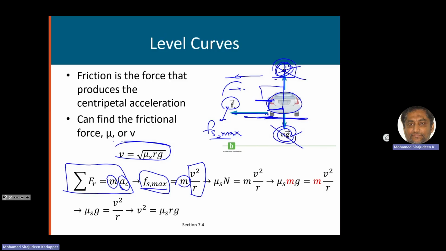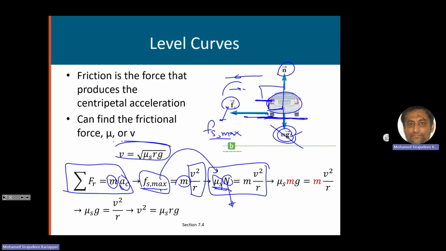And then we know something from chapter 5. The maximum value of the static friction force is proportional to N, multiplied by the proportionality constant, which is called the coefficient of static friction. So instead of Fs max, I can write μs N equals m v squared over r. Then we look at this N and at the car's free body diagram again.